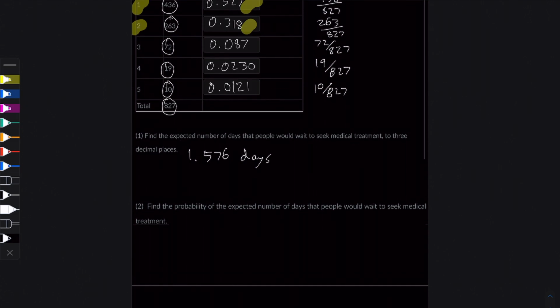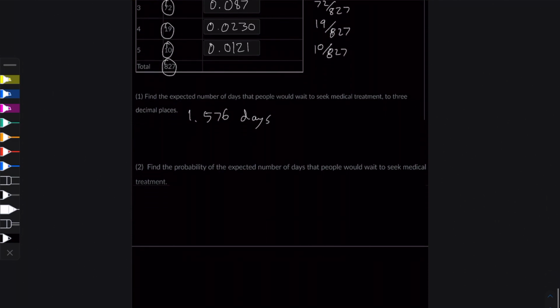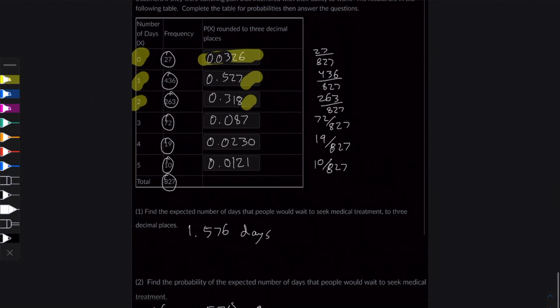So for this last part of this question, this is sort of a concept. And it says, find the probability of the expected number of days that people would wait to seek medical treatment. And so the probability of our expected value, which is 1.576, is actually going to be 0 here. If you look on this chart, there's no outcome that says somebody waited 1.576 days.